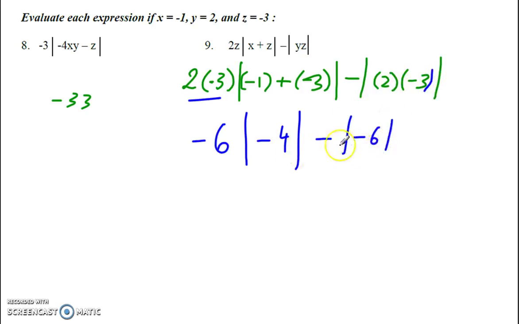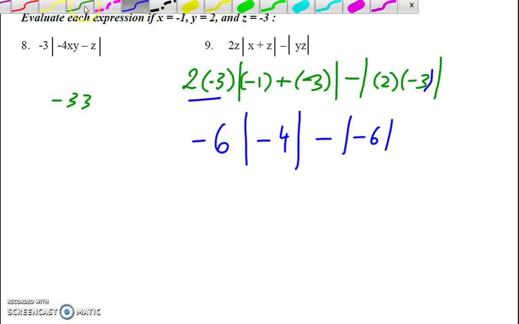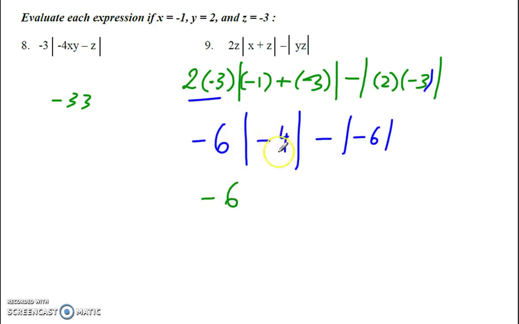Before you try to evaluate this, rewrite this applying the absolute value and replacing the absolute value bars with parentheses. So -6, absolute value of -4 is +4, minus absolute value of -6 is +6. Okay, so now I've applied the absolute value because there was only one number, and then that became positive. Now I can evaluate this.